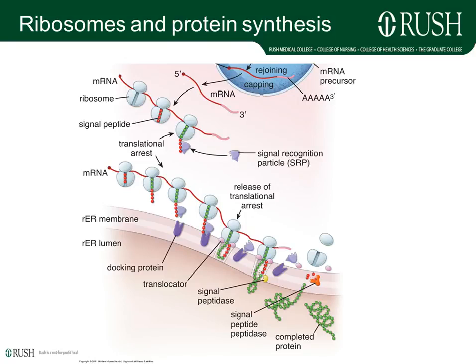So this little diagram, I'm not going to go through all of the steps in protein synthesis. That will be covered by other disciplines, and you probably have already seen it before in your prior studies.